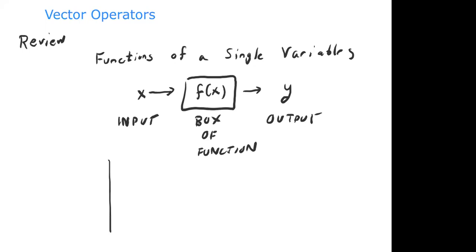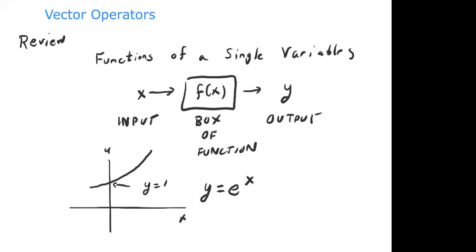So for example, here's a function. The exponential function. It looks like this. Clearly, when x equals 0, y is 1. And x, again, is input, gives you output.